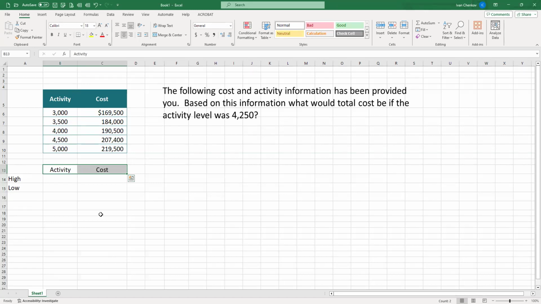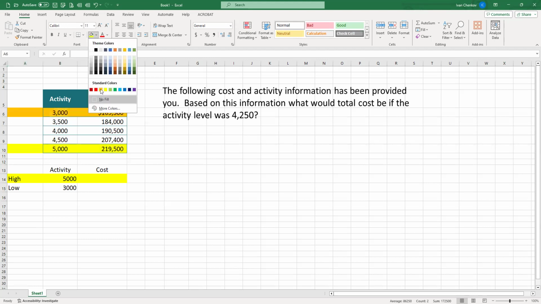In the activity, which one is the highest one? 5,000, right? And on the activity level, which one is the lowest? 3,000. So the highest one, let's mark it as yellow, and the lowest one, 3,000, highlighted in orange.